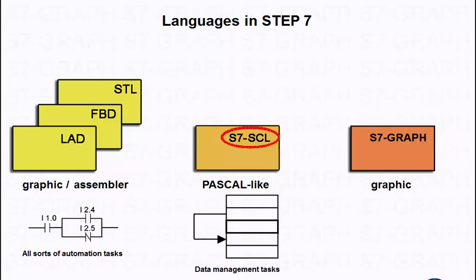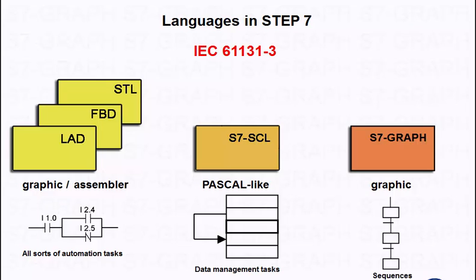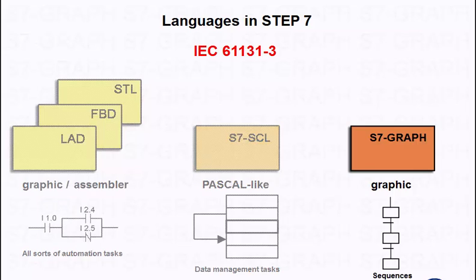Tasks such as data management algorithms can be solved particularly fast and clearly using the language elements provided in S7 SCL. In case of sequences, which can be divided into individual processing steps, the automation solution is considerably simplified using sequence chains in S7 Graph. All languages comply with the IEC 61131-3 standard.